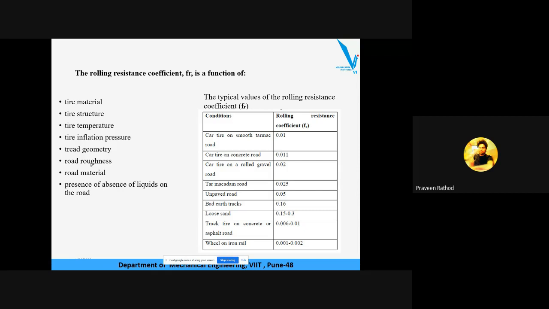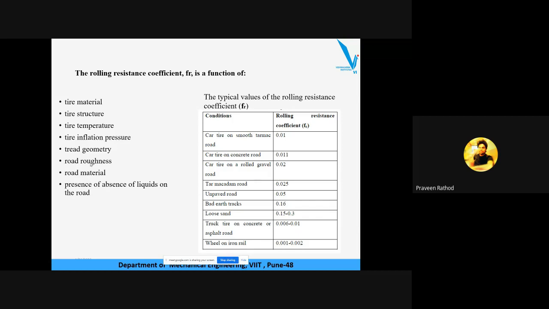Whenever we study rolling resistance, we are going to consider all these parameters: tire material, tire structure, tire temperature, and tire inflation pressure.